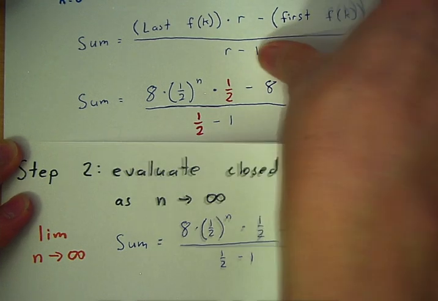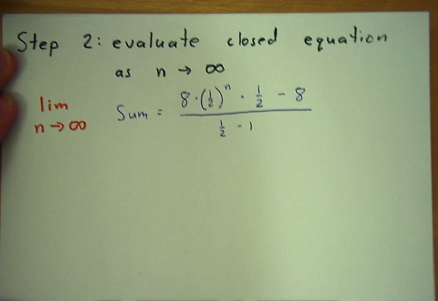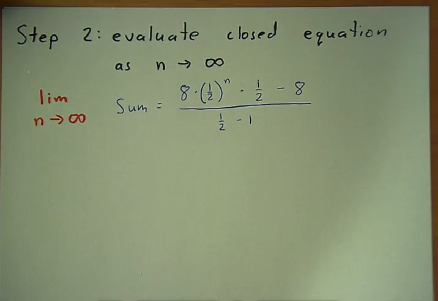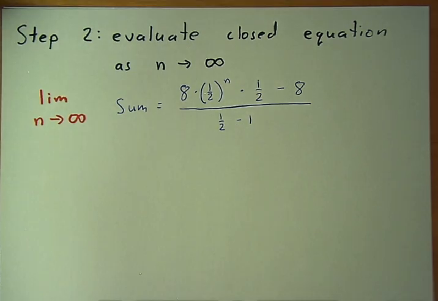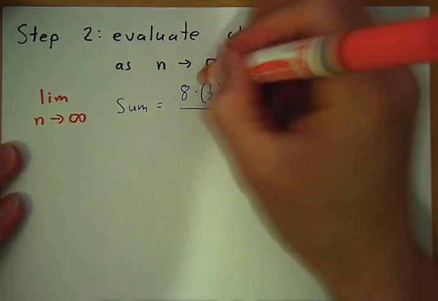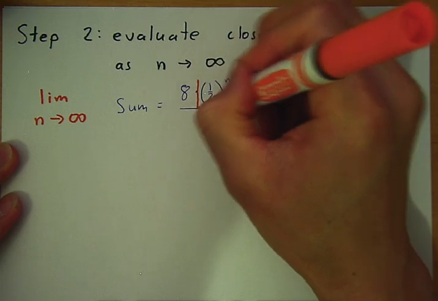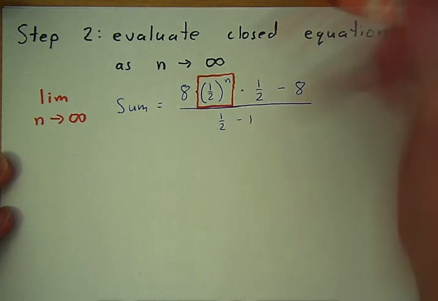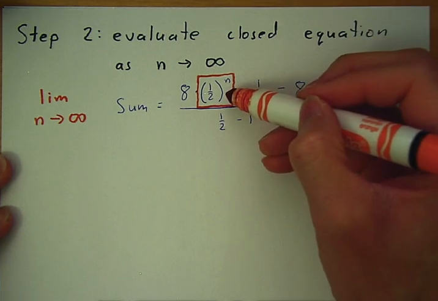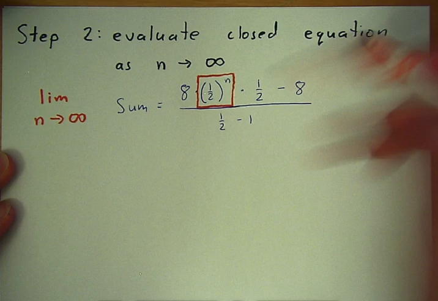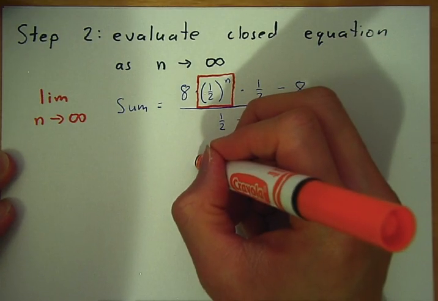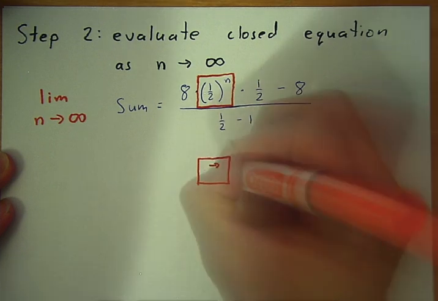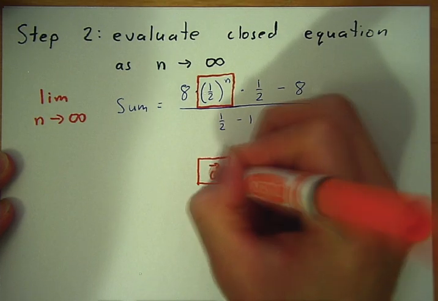Okay, so let's evaluate that as n goes towards infinity. So as n goes towards infinity, this portion right here, if we have 1/2 times 1/2 times 1/2 times 1/2 over and over and over again, an infinite number of times, that portion right there is going to go towards 0.